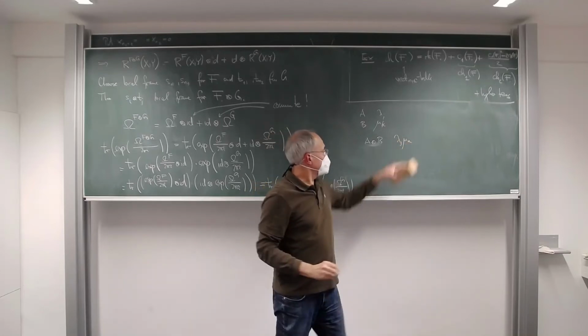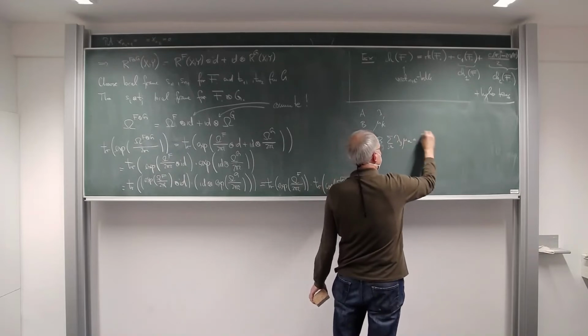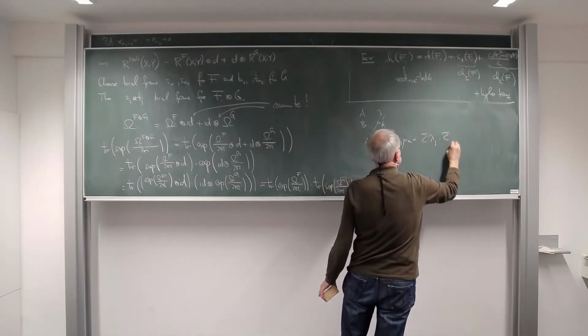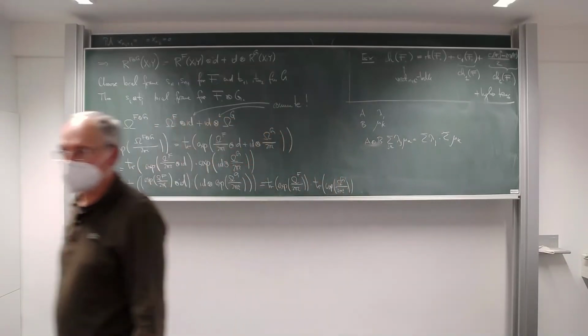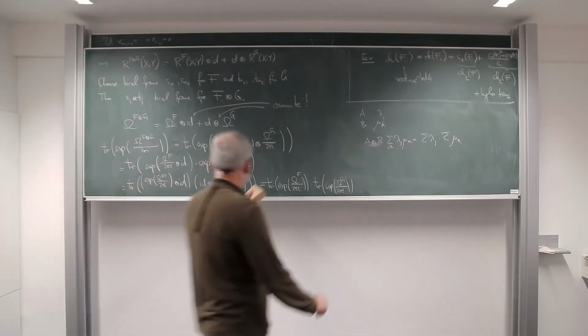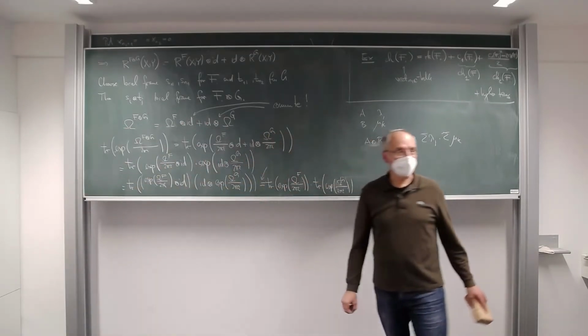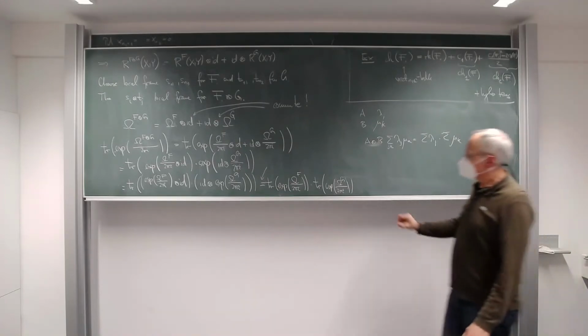And if you sum all these over j and k, that's the same thing as summing lambda j times mu k. So the trace of the tensor product is the product of the traces. This holds for all diagonal matrices, for all diagonalizable matrices, for all matrices, and then it holds also for these matrices. Okay? So that's the justification for this. And that's the proof.